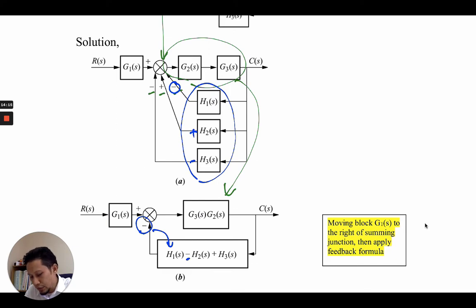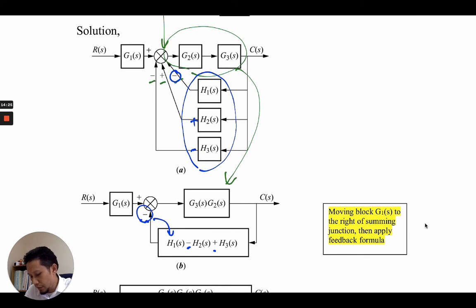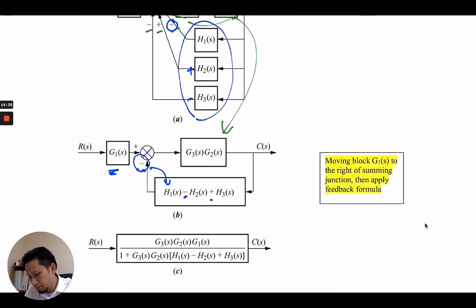Okay, so here a minus plus equals minus H3. Okay, now we have a familiar form of a loop or feedback block diagram. So there is another one left here, so we can find what we call the feedback block diagram. We can have something like G3, G2.